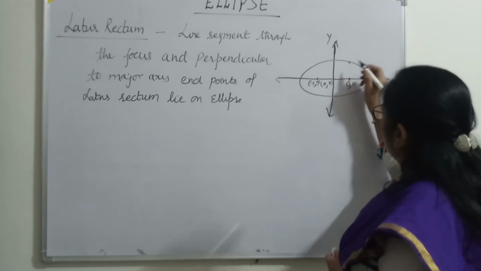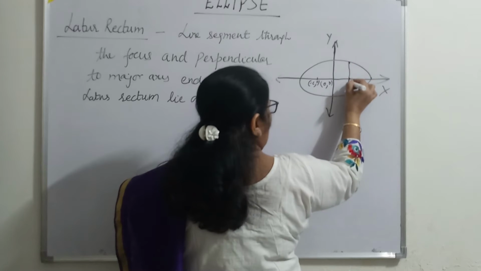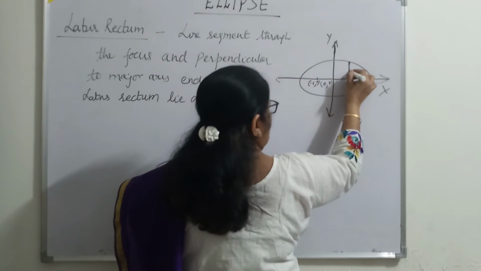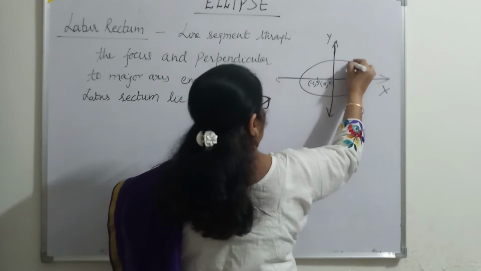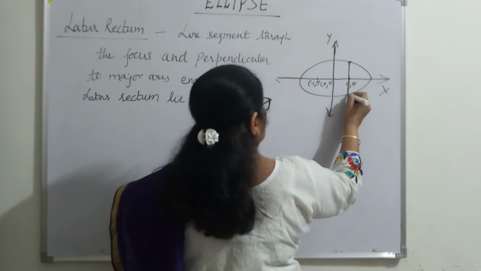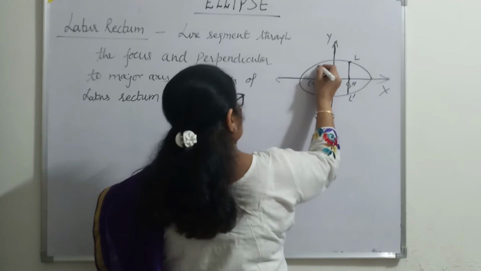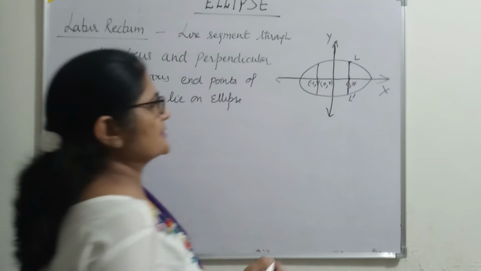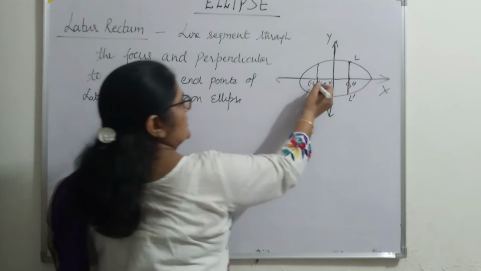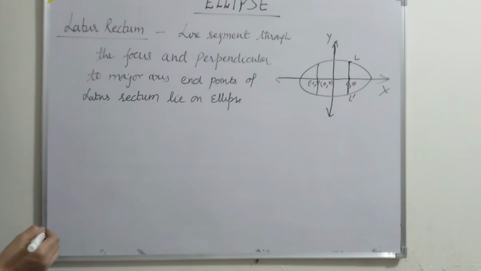From the figure, the latus rectum is a line segment passing through the focus and perpendicular to the major axis. Let it be L dash. Similarly, on the second focus, there are two latus rectums because there are two foci.